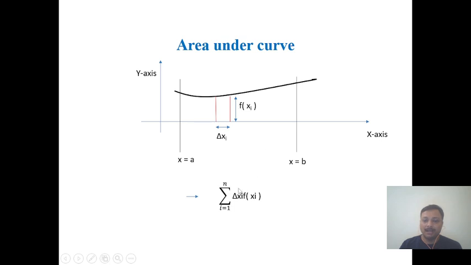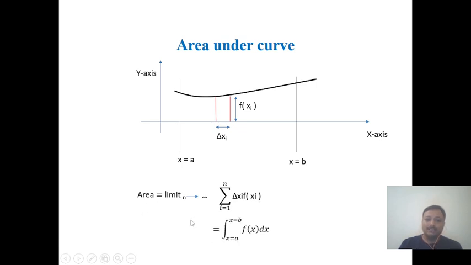And if this n is very large, if there are so many strips, it will give the accurate area under the curve. So limit n tending to infinity, sigma i is equal to 1 to n of delta x_i f(x_i) gives the area.